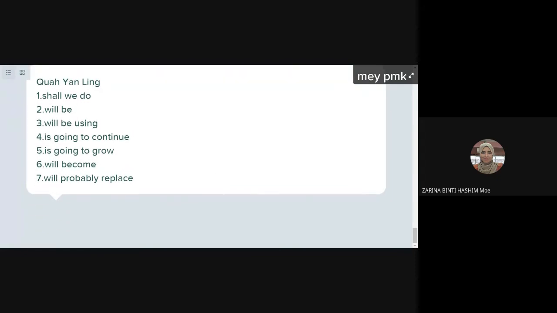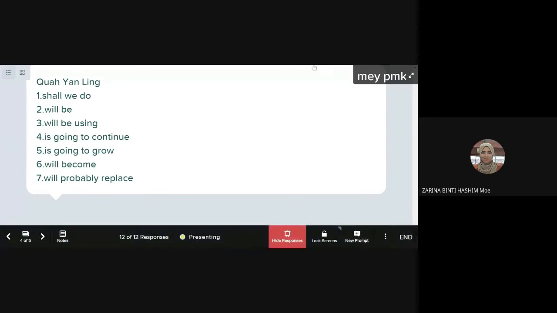Number 3 will be using. Number 4 is going to continue. 5 is going to grow. 6 will become, and 7 will probably replace. Okay, very good.